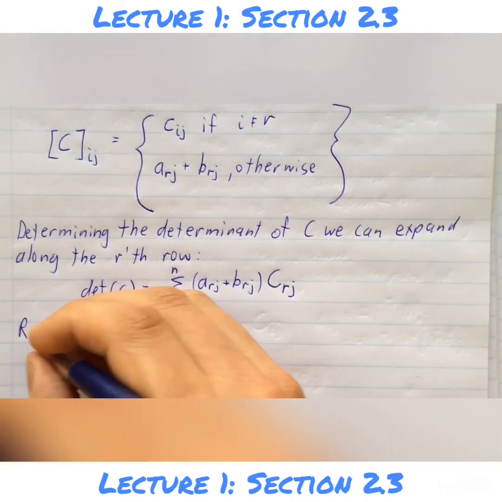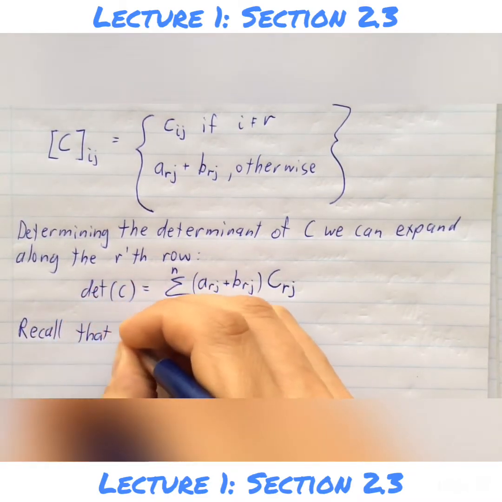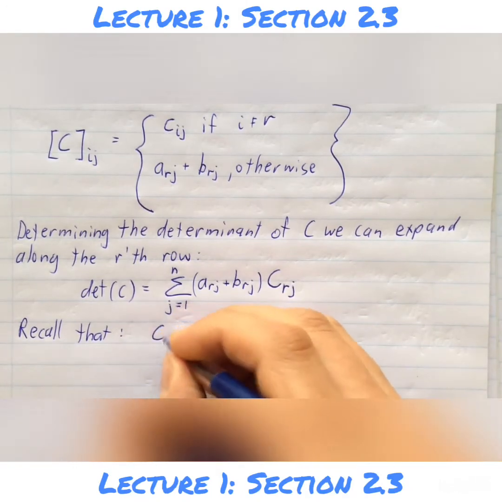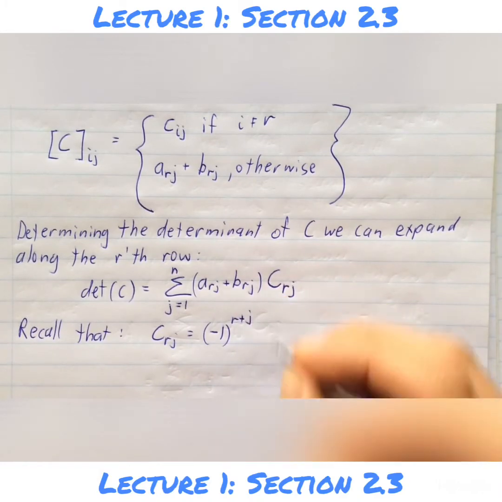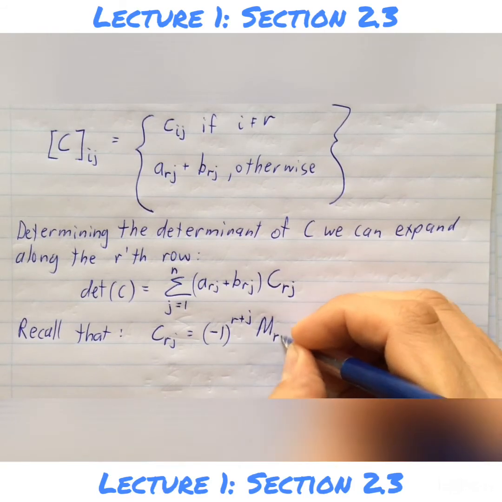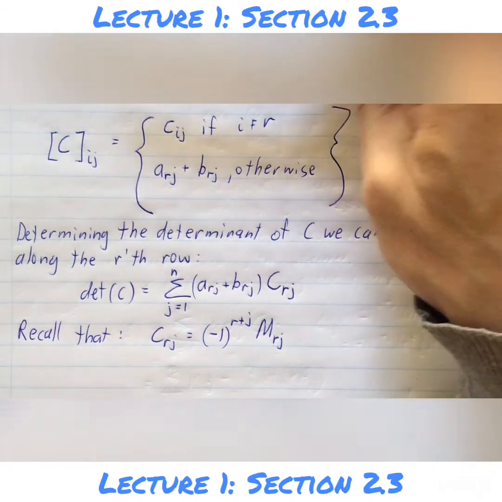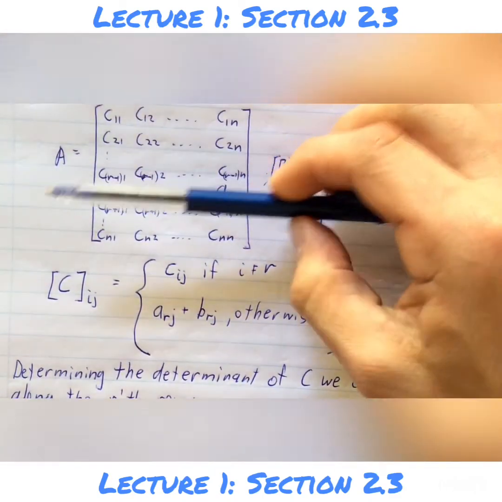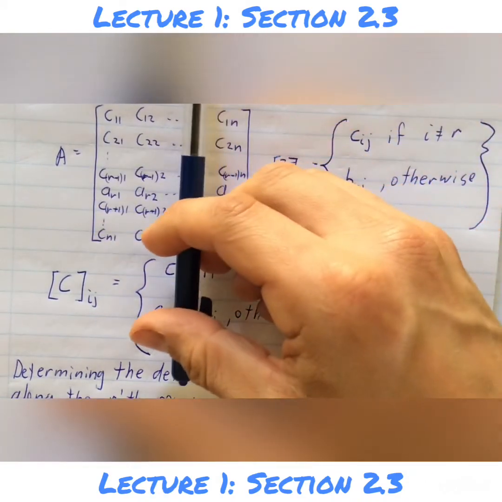Just remember that this cofactor is given by the sign multiplied by the minor. Now the minor is what? The minor is the determinant of the matrix that I get by taking C and cancelling the rth row and the jth column.